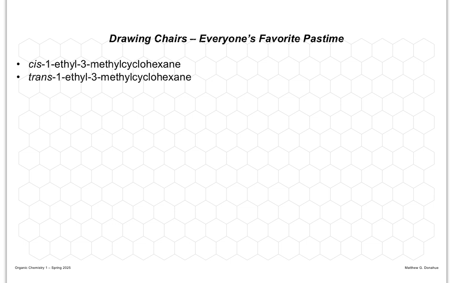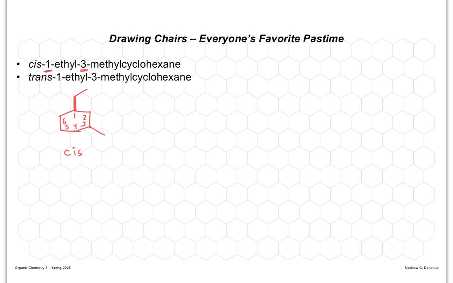So it's now a 1-3 relationship. So it says on carbon 1, there's an ethyl group, and then carbon 3 is a methyl group. So we want the cis isomer.